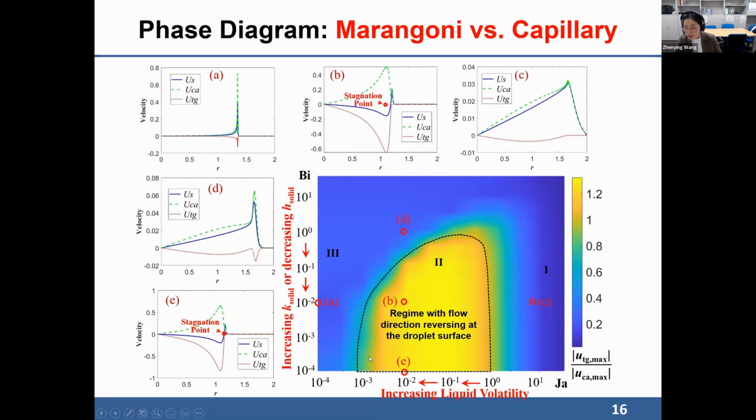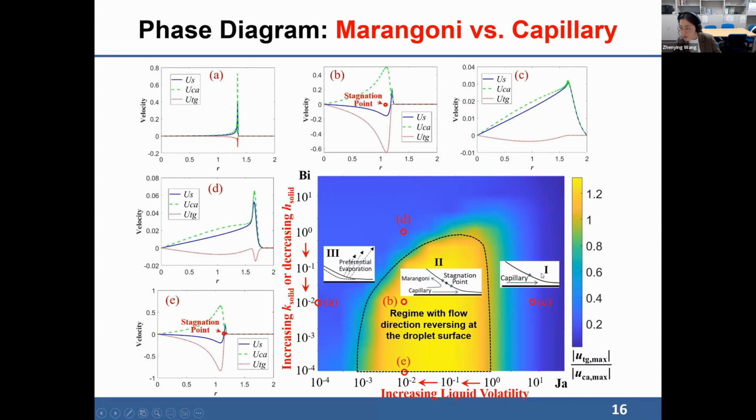With this, we divided out one region with flow reversal on the droplet surface, and then we can divide this phase diagram into three regions.